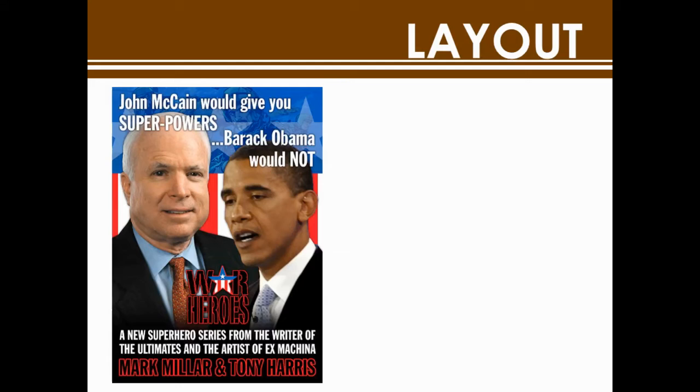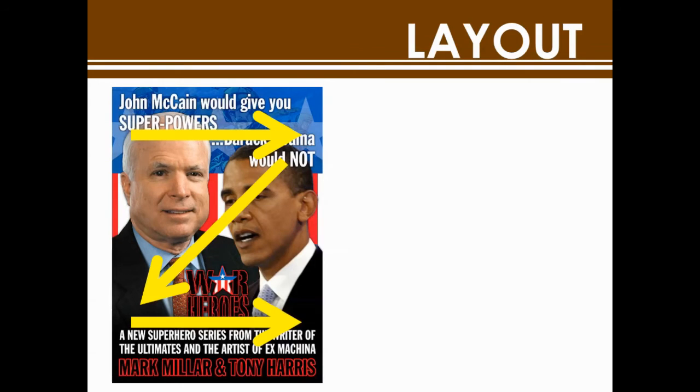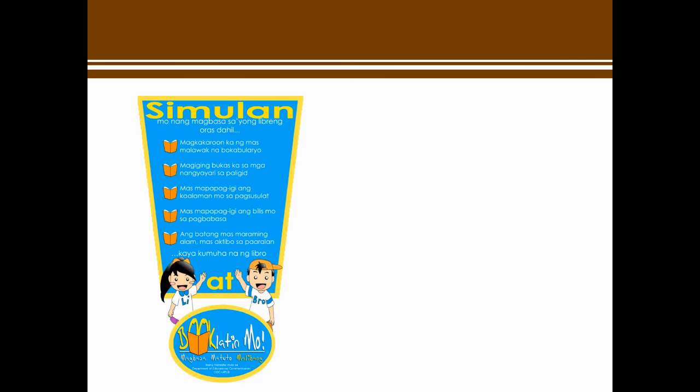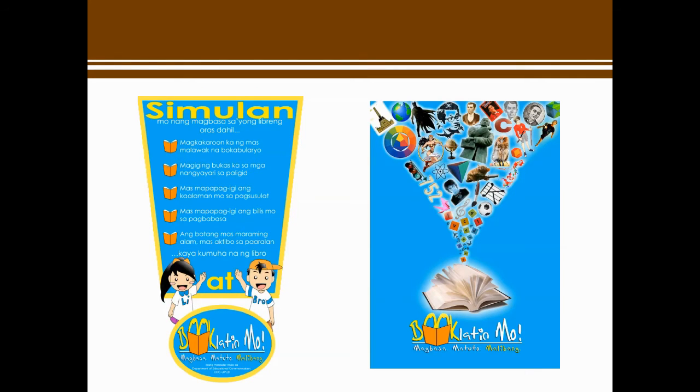Most of the time, we follow the Z pattern when looking at and reading a visual. This tells us that when designing a visual material, we should place the most important element, let's say the title, slogan, or the illustration, in strategic areas of our visual space.